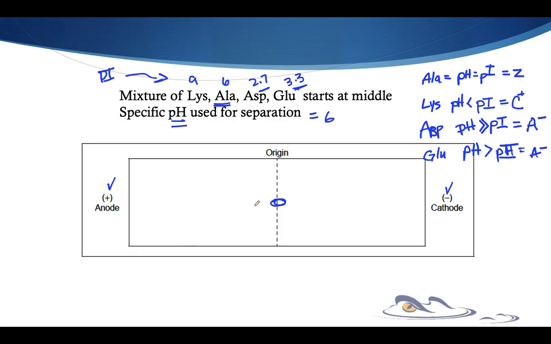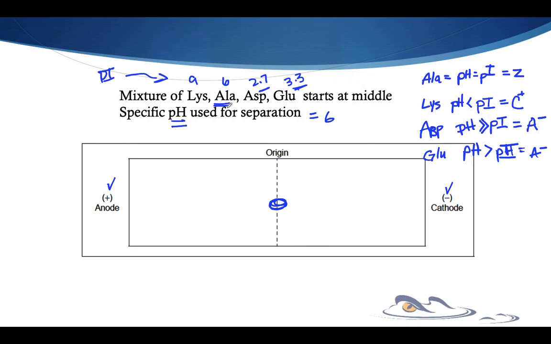All right, so how is this going to play out here with the various amino acids as we run our electrophoresis? Well, the first one that you can figure out real fast is which one stays here. Originally, we put all 4 of them right there. Then we turn the machine on, and it starts the separation process.